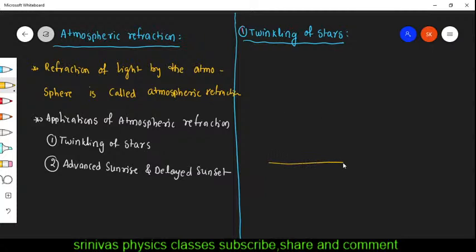This is the earth surface, and one person is standing on the earth surface, observing the stars. Let us consider this as a star.